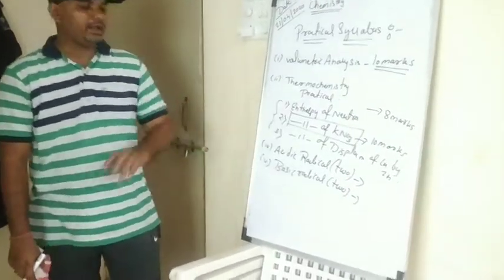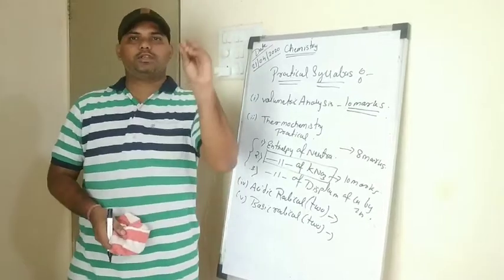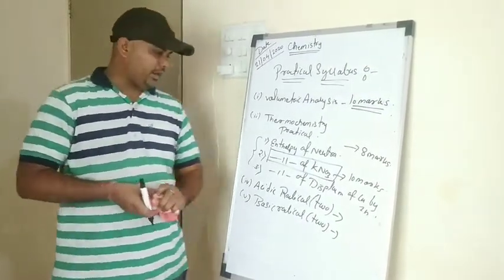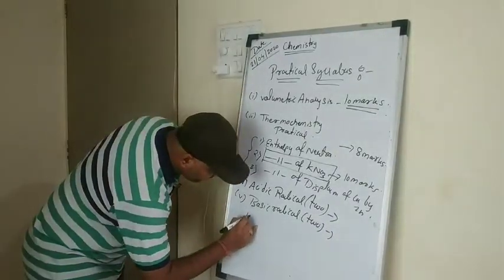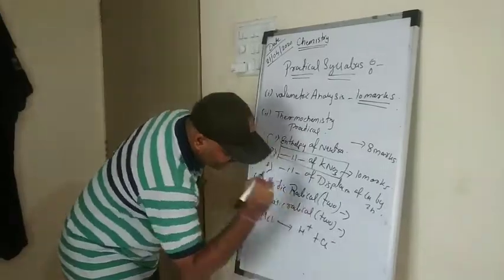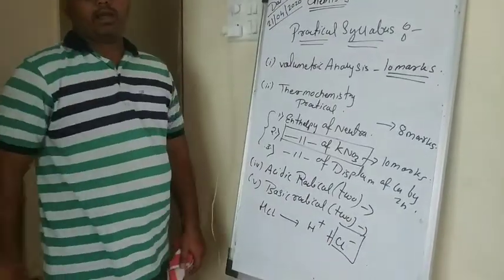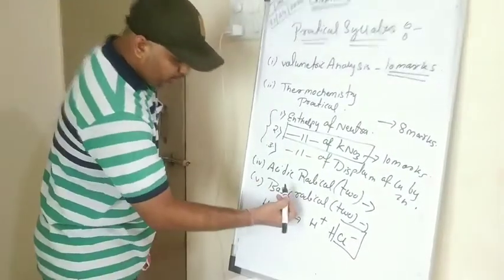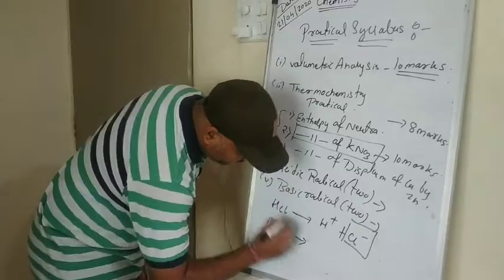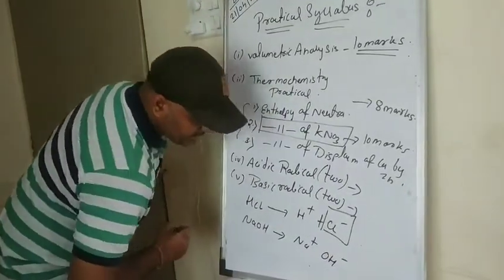Now what is an acidic radical? Acidic radicals are the radicals obtained from an acid. For example, HCl gives H plus and Cl minus. So this Cl minus is the radical obtained from the acid. Now what is a basic radical? A basic radical is a radical obtained from a base. Let's take Na plus OH minus, right?